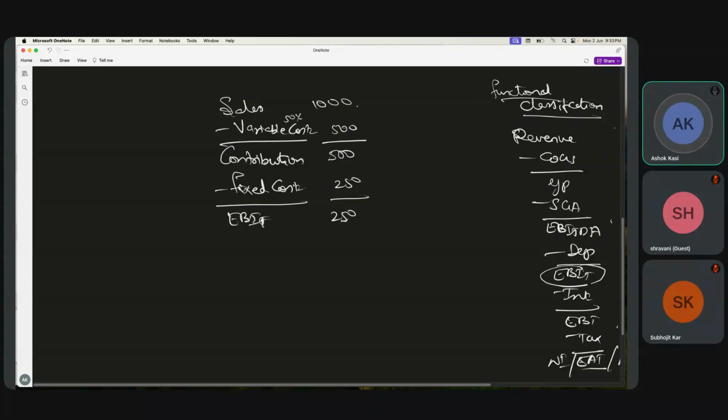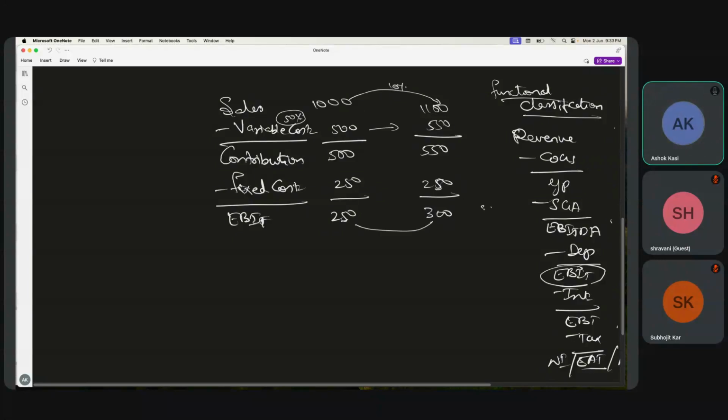Now let's say this sales increases by 10 percentage. Then this becomes 1100, and the variable cost at 50 percentage will be 550. So contribution is 550. Fixed cost will remain fixed, so EBIT is 300. Now you see how much the profit is going up? 50.